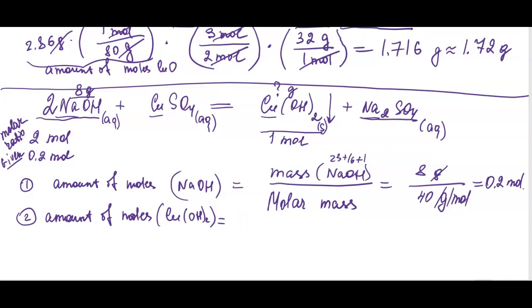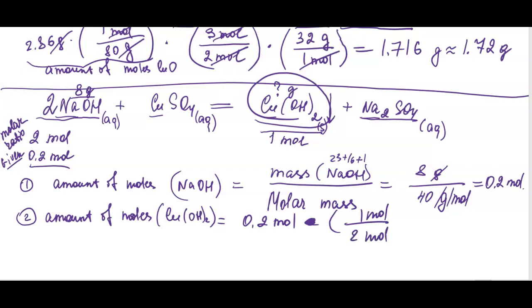We need to start with what is given. 0.2 moles, right? And here we need to have 1, because we start with this 1 mole to 2 mole. So moles are cancelled out, and we have 0.1 mole of copper hydroxide.